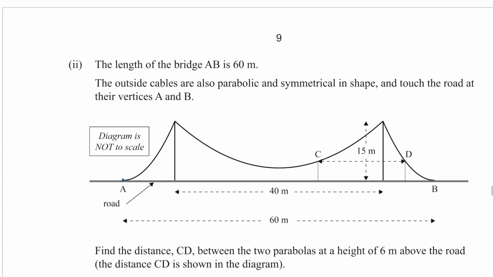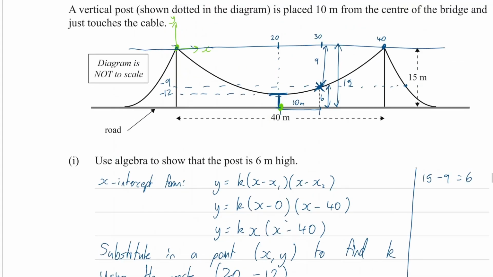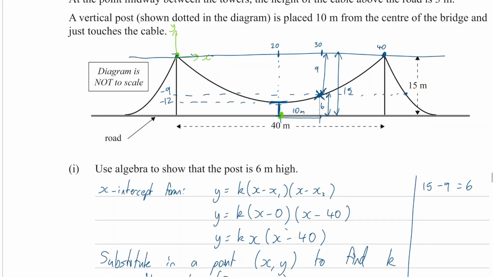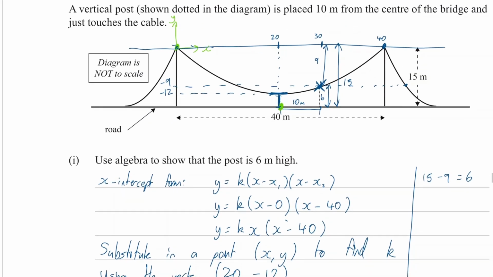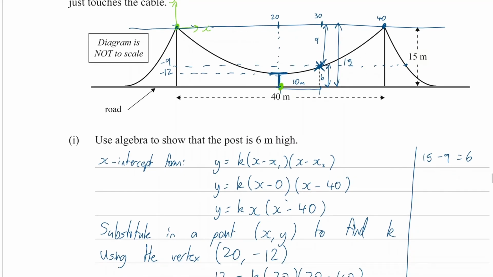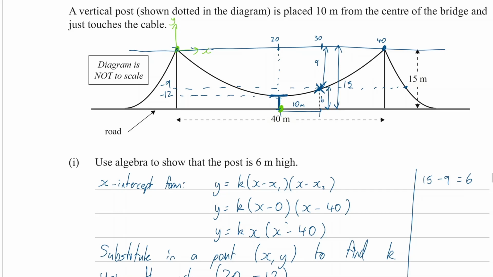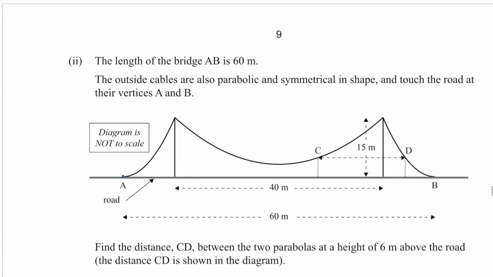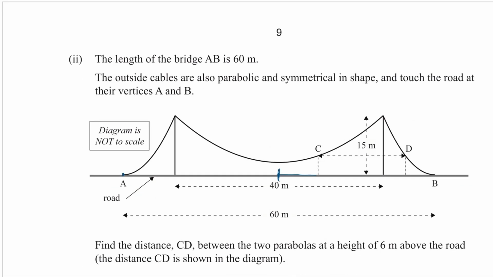So from the previous question, part I, we worked out that 6 meter post, so that at point C is 10 meters from the center. So 10 meters from the center, that's 10 meters.